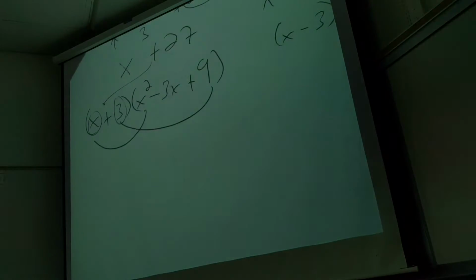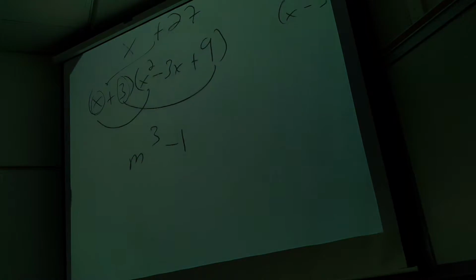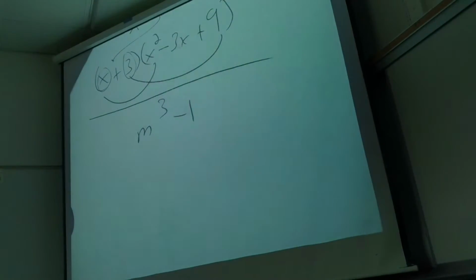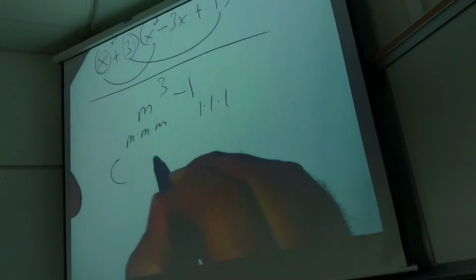So what everybody had was, at some point you get to this. And I think it's the 1 that's freaking some of us out. How many 1s are here? An infinite number. 1 times 1 times 1 times 1. So let me just say it's 3 of them. So we've got m, 1, 1, 1. Little dude, big dude.